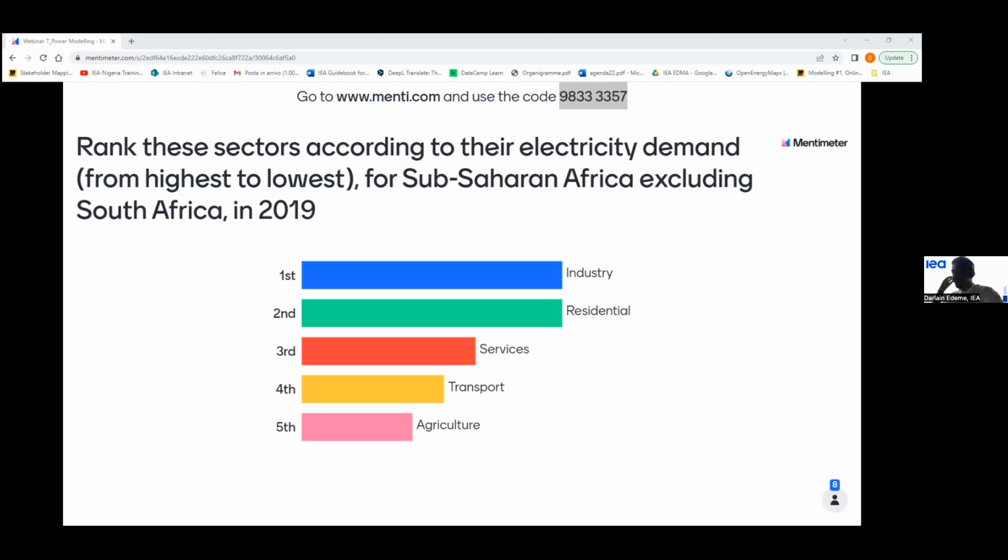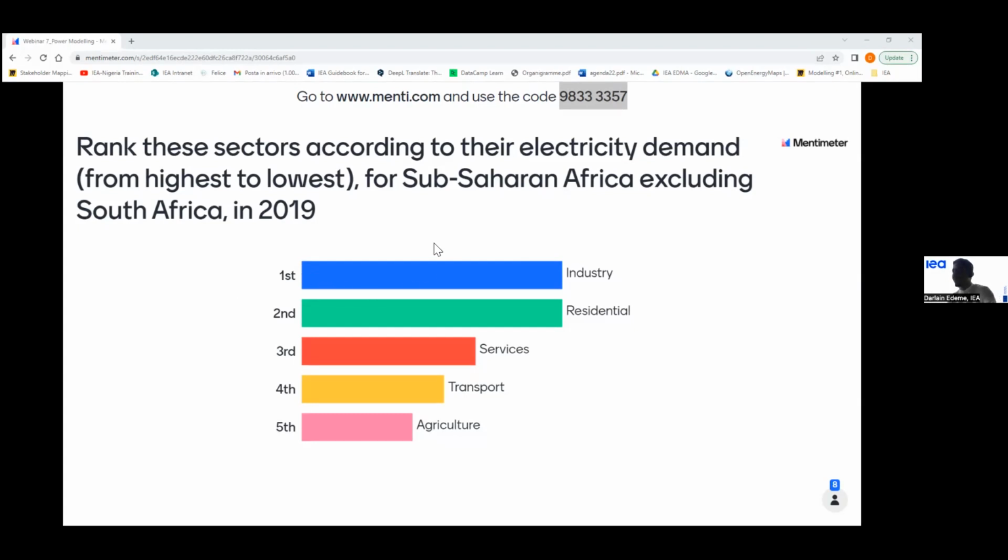And then, very far from that, we have the transport and the agriculture sectors, which use only around 0.1 terawatt hours per year. So it's really far from industry and residential.